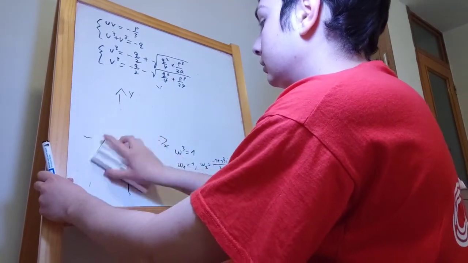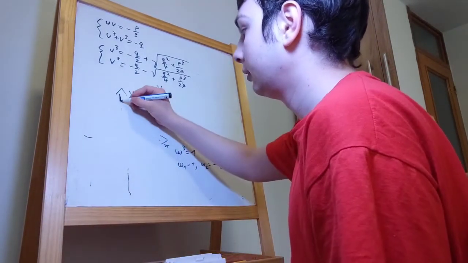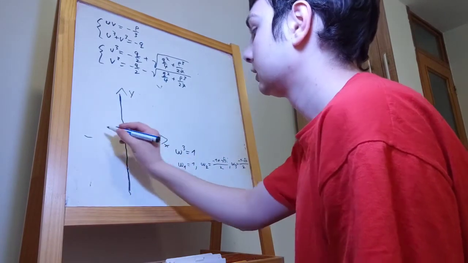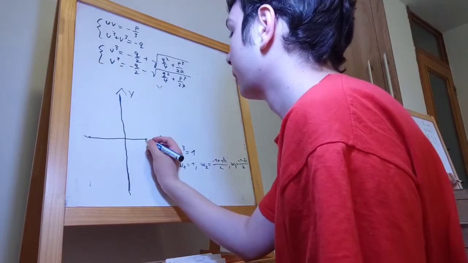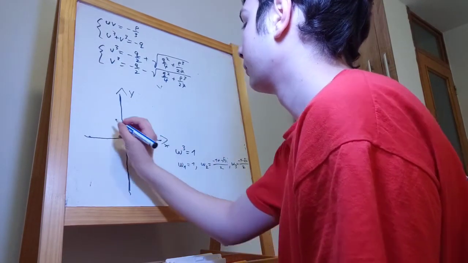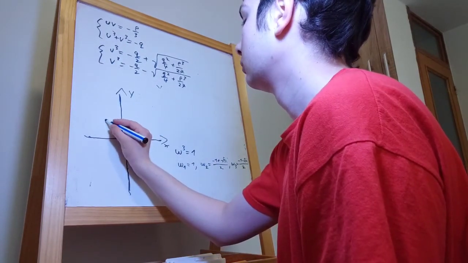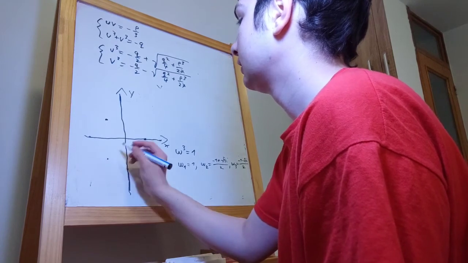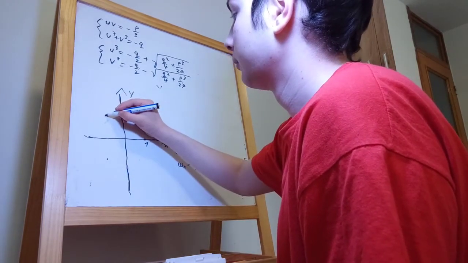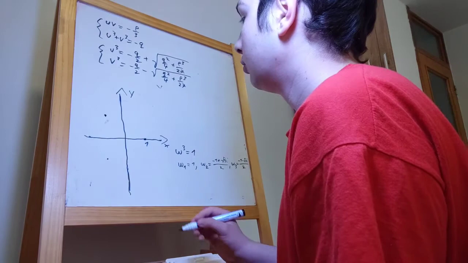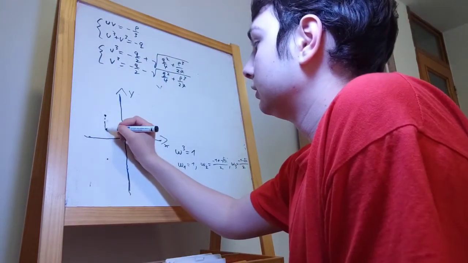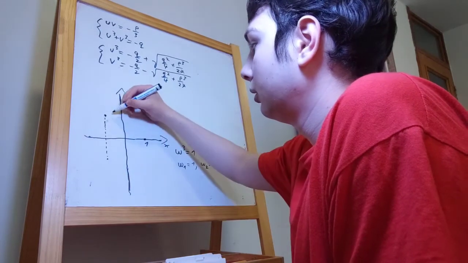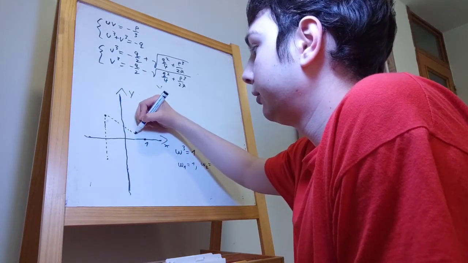Let me just rewrite this. All right. 1. And these are our second cube roots. Oh, what is this? Well, let me just draw out the equilateral triangle for you.